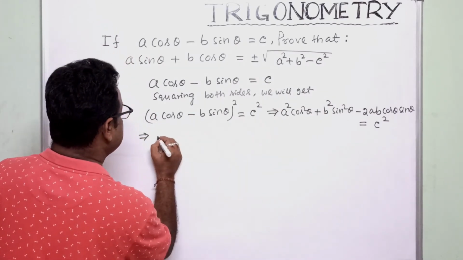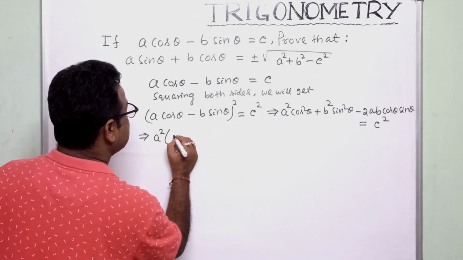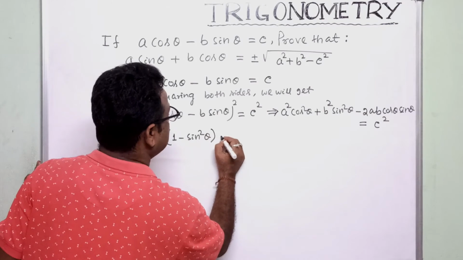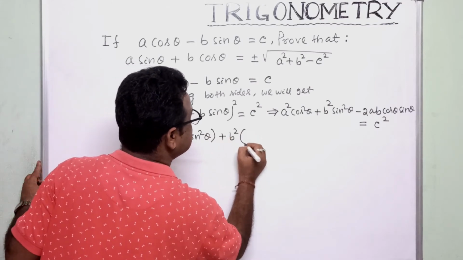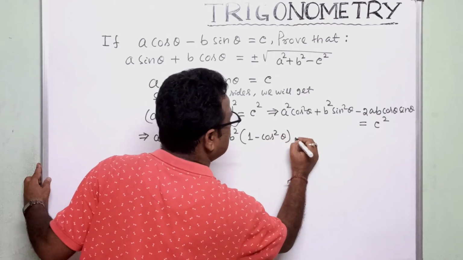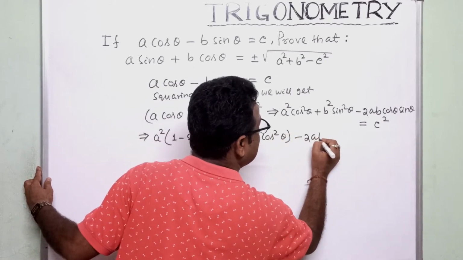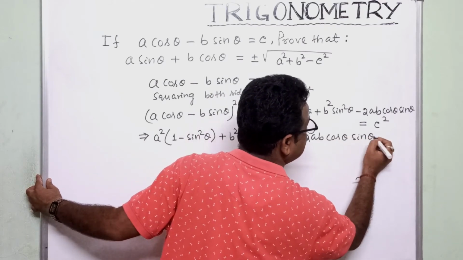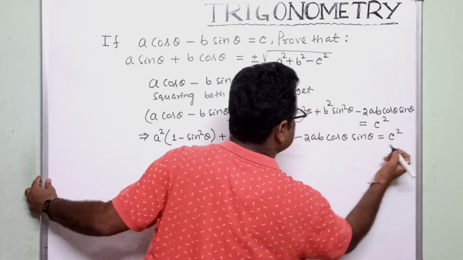Now see, a square cos square theta is a square times (1 minus sin square theta) plus b square sin square theta is b square times (1 minus cos square theta) minus 2ab cos theta sin theta is equal to c square.